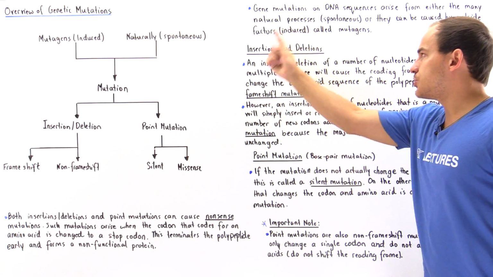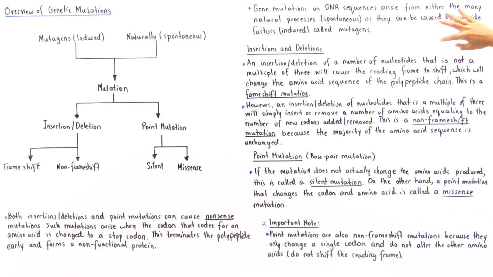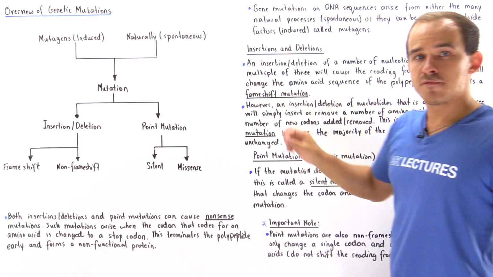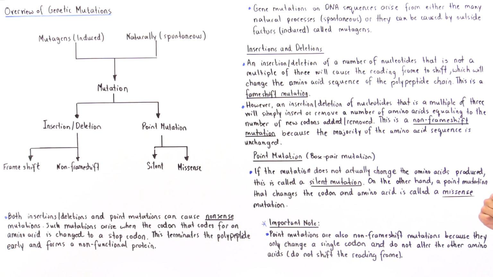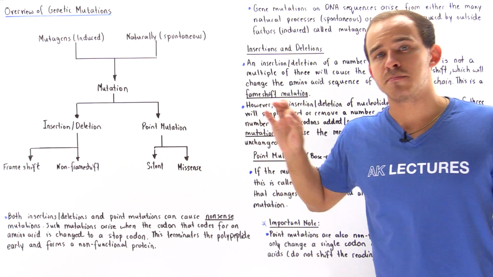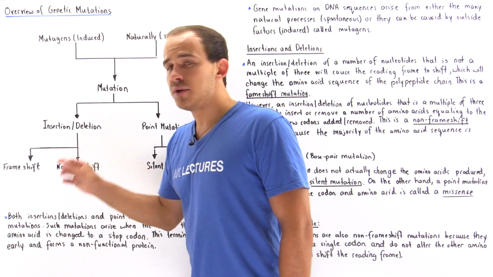Now, an insertion or deletion of a number of nucleotides that is not a multiple of 3, that is not a multiple of the codons that exist in the genetic code, will cause the reading frame to shift, which will change the amino acid sequence of the polypeptide chain, and this is known as a frameshift mutation.